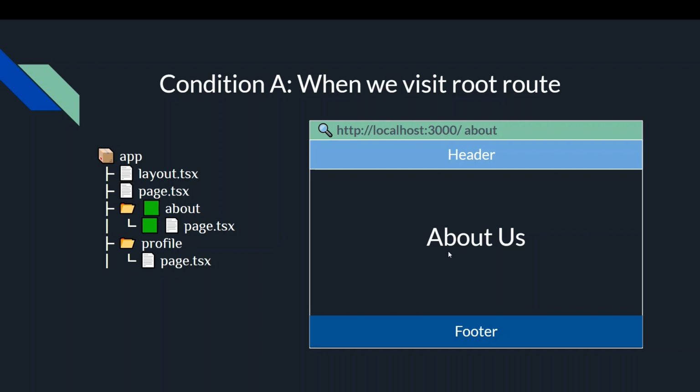And the same thing when we visit localhost 3000/profile, the profile content will be loaded inside the layout.tsx file. So I hope you now know how things are working inside layout.tsx, and how layout.tsx is working in Next.js.